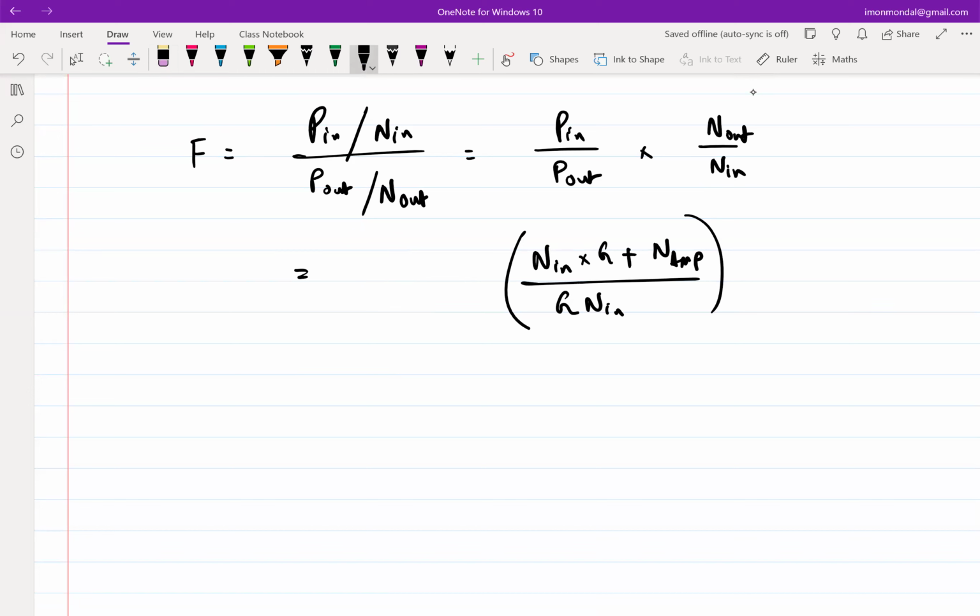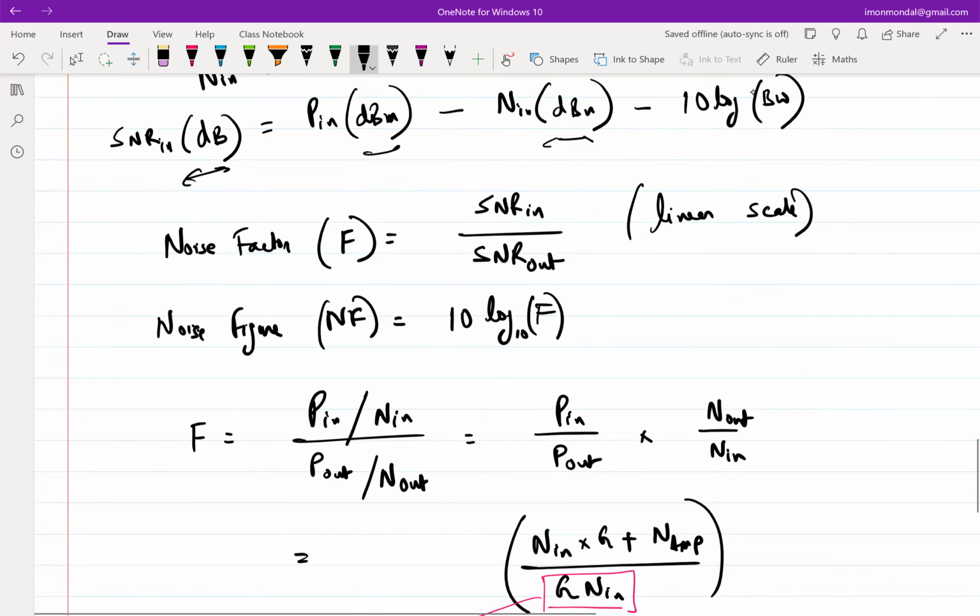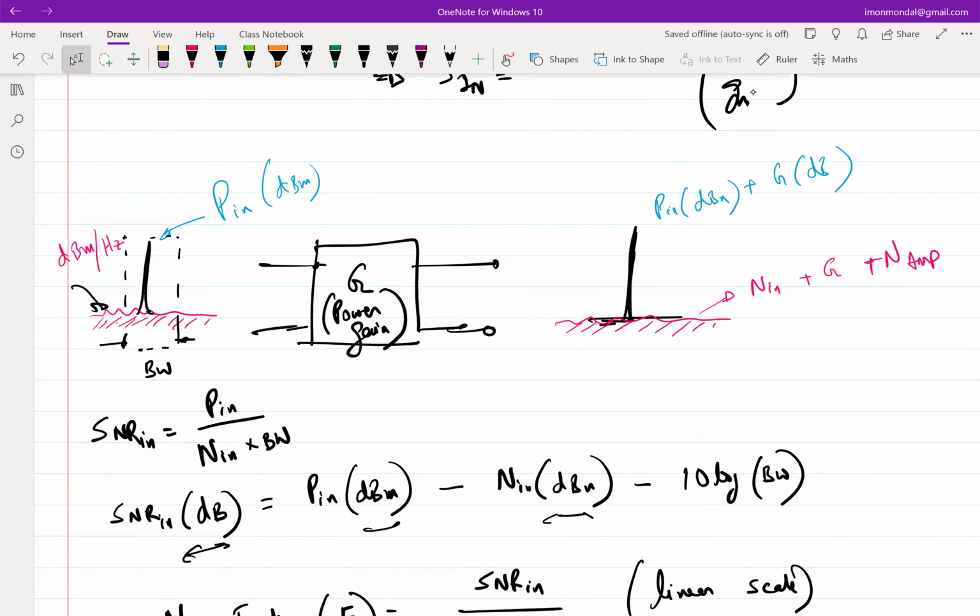So what is the denominator? I can basically say that the denominator is the output noise if the amp is noiseless. Does it make sense? If the amp is noiseless, the output noise would have been N in times G in linear scale.